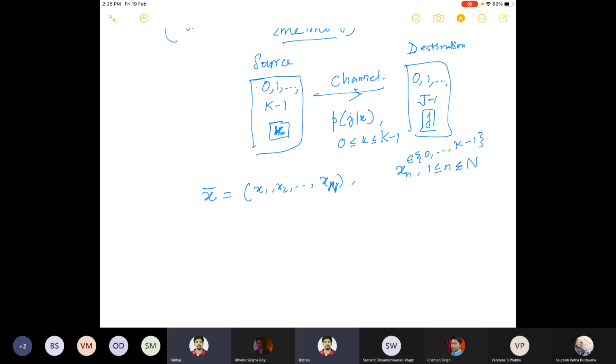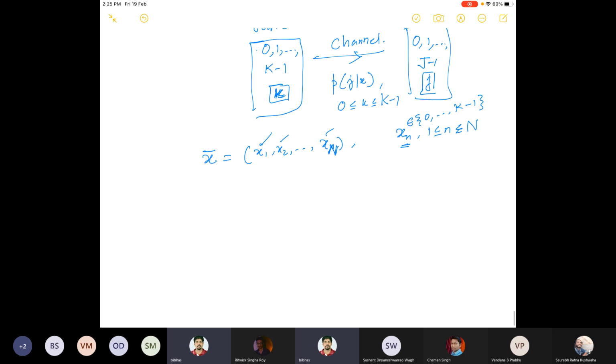So xn is a source letter. Here it is 0, 1, up to k minus 1. Similarly here it is 0 up to k minus 1, and here it is the same. So all these xn are one of these 0, 1 up to k minus 1.